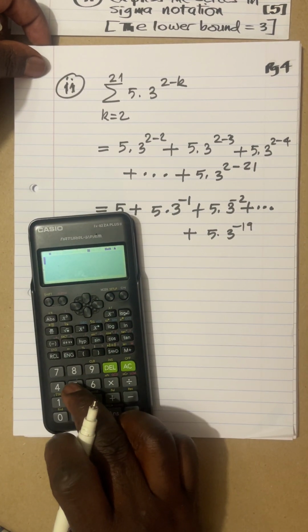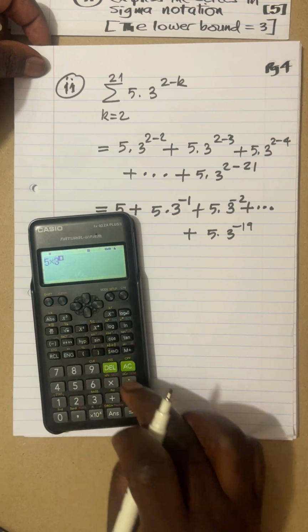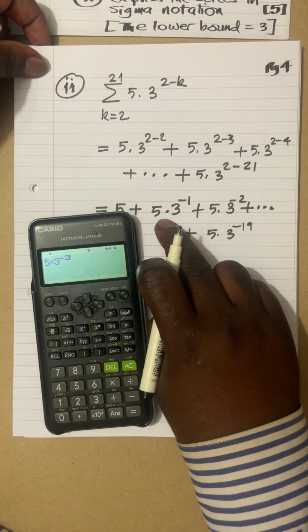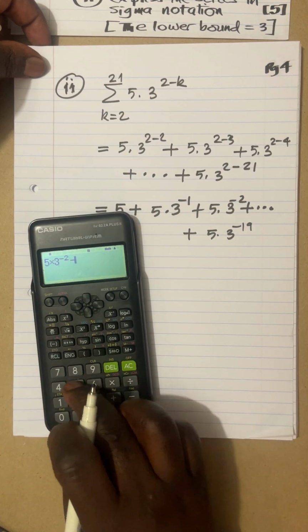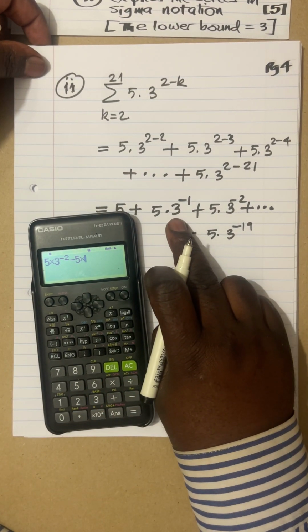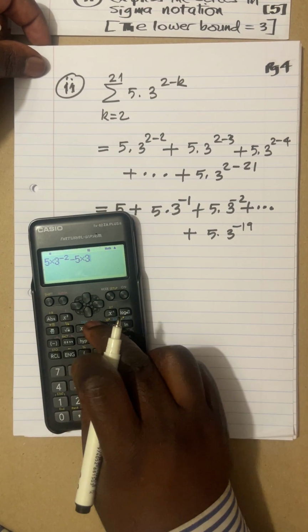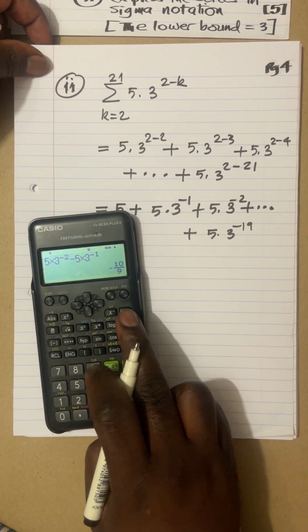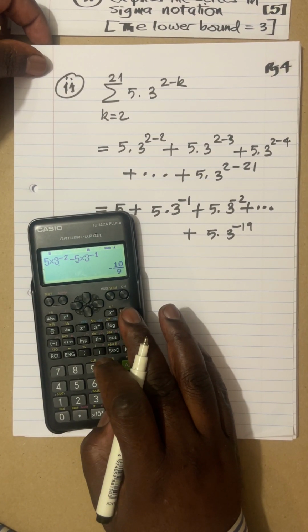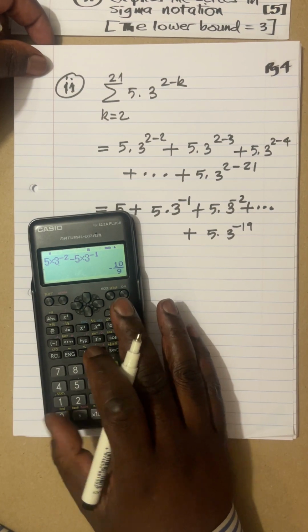So it will be 5 times 3 to the power minus 2, that term, minus this term here, minus 5 times 3 to the power minus 1, and the answer is not the same. Remember, now it's minus 10 over 9. At first it was minus 10 over 3.